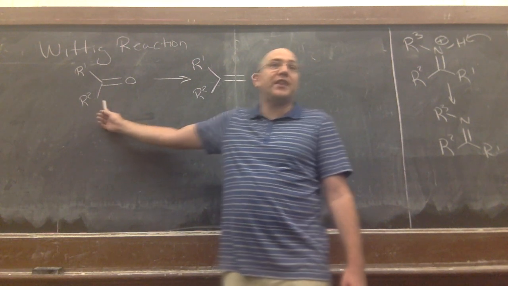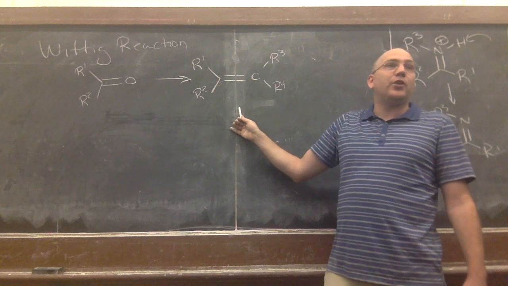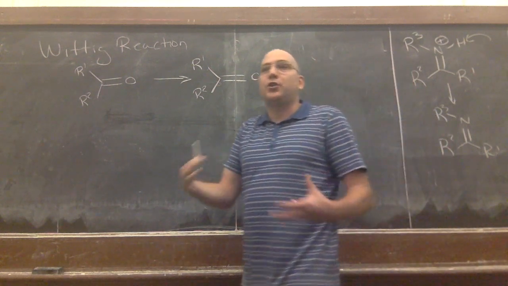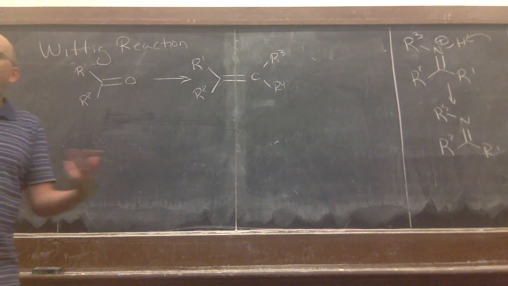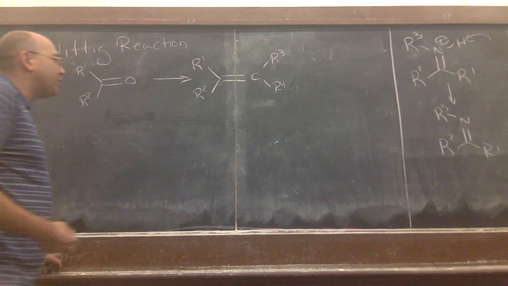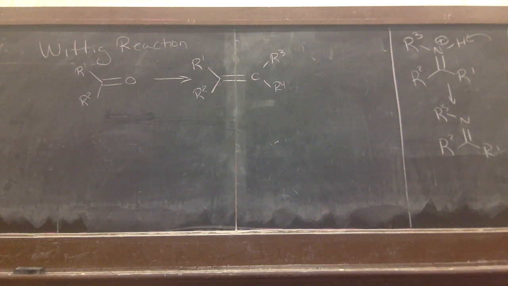Guess what? I could also take that same carbonyl and convert it to an alkene, and in that way maybe you can try to keep this organized in your toolbox of reactions to pull from when you're thinking about synthesis or whatever.